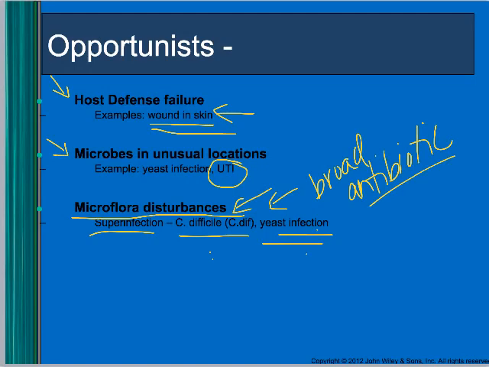Yeast is a eukaryote, so the antibiotic isn't going to kill it. So then these will have a party, or they'll accumulate. C. diff has spores, and where it's located in your intestines, it's deep in the wall, so it doesn't get affected by the antibiotics. So when all the normal microflora are gone, the C. diff will reproduce.